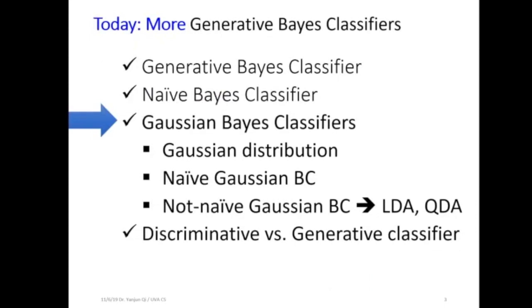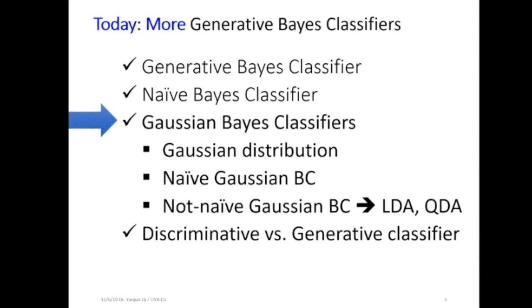Okay, so but today actually I'm going to not talk about discrete type of base classifier, but instead the Gaussian-based classifier, and it's a very classic statistical model called LDA and QDA. So these two models are very important classification models, which normally people focus on in the statistical community, and they are related nicely to the one we just covered during last week.